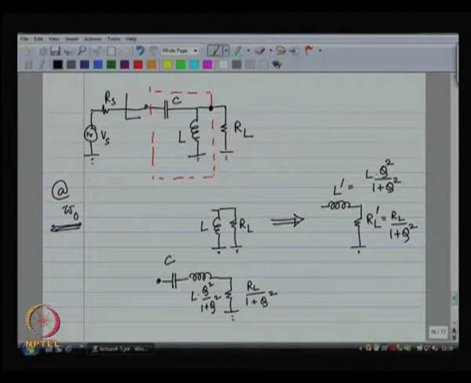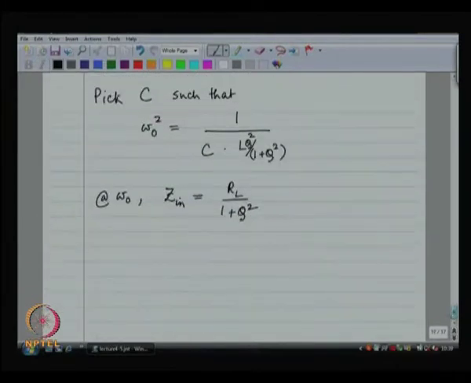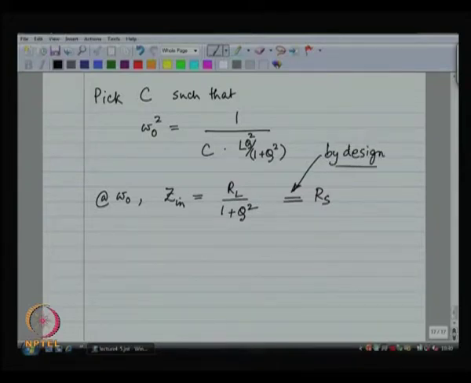So, looking in over here, what I see is R L by 1 plus Q squared. I want this quantity to be equal to R s. So, I want the input impedance of the network to be equal to R s.